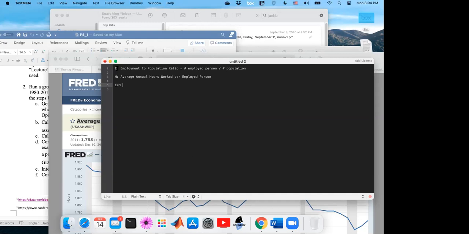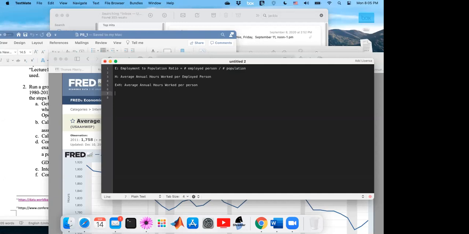If you multiply E with H, it is going to give you average annual hours of work per person. Why? Because H is average hours worked per employed person, and E is how many employed persons per person, because not everyone works. So E times H gives you average annual hours worked per person.